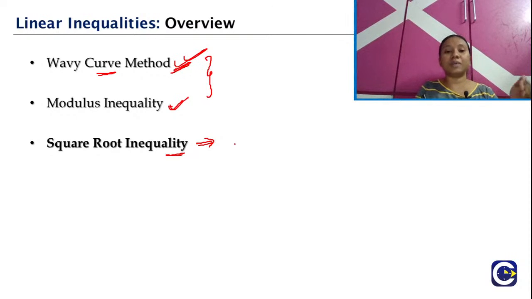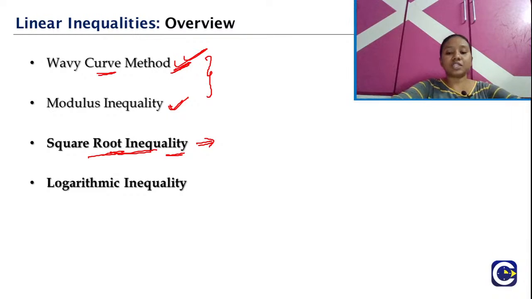That condition will come into the picture when we are solving any square root inequality. We'll see the corresponding condition required, inherited from our basic properties, and the working method to find the solution of any given square root inequality.